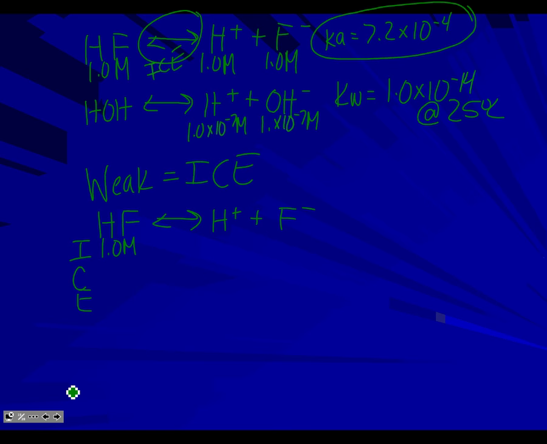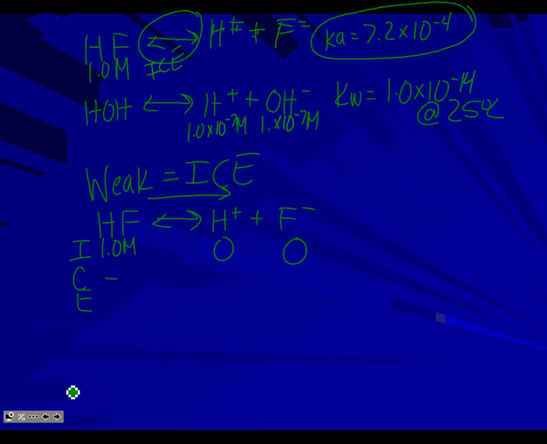But now, remember, when we initially start off, we don't have any of these other components over here. There's none of that, and there's none of that. As always, if we don't have any products, that automatically means our shift has to be to the right. So here we're going to have... You know what? I lied up here. You can't do that. If we could do that, then we wouldn't have to do anything else.